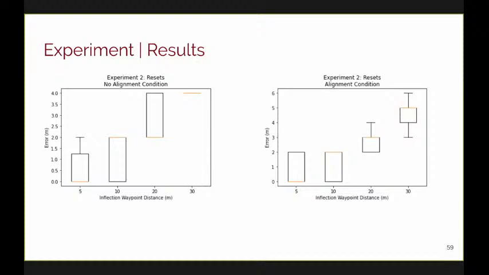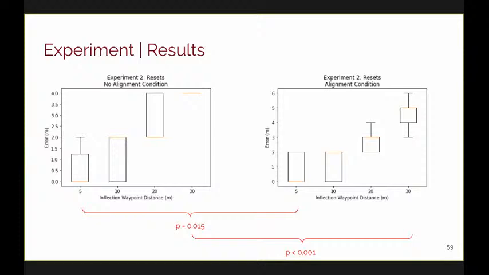Here are the results for resets. On the left and right, we have the number of resets. The left is the no alignment condition, and the right is the alignment condition. The y-axis is the number of resets. I'm sorry, I should say resets, not error. And then the bottom is the inflection waypoint distance.